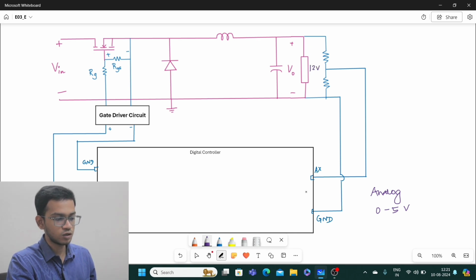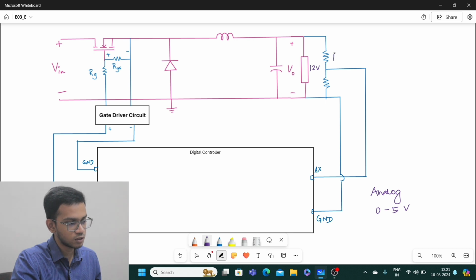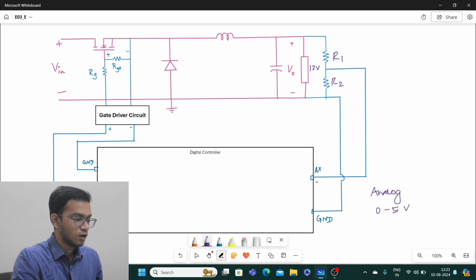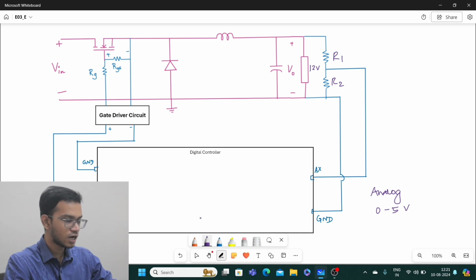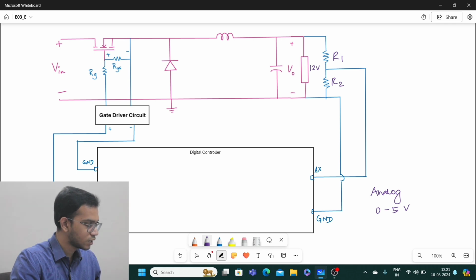So can I feed this 12 volt directly to this microprocessor analog pin? It will damage the pins, it will damage the processor. So we have to step it down using appropriate values of R1 and R2, such that when you give 12 volt here, you will get 5 volt here, something like that. So that's the scenario here. We are going to do something inside this entire digital controller, and at the end, we will be producing a PWM.